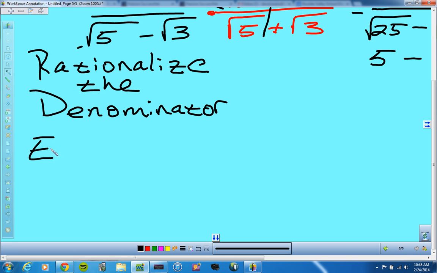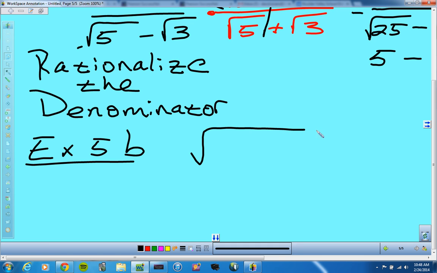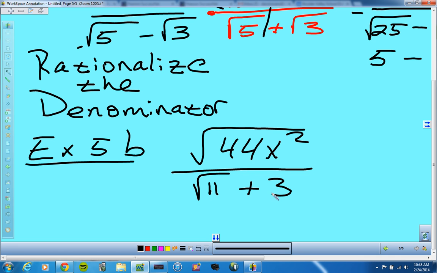We're going to do example 5b, square root of 44x squared over square root of 11 plus 3. Yep. So first thing we got to do is simplify square root of 44x squared.